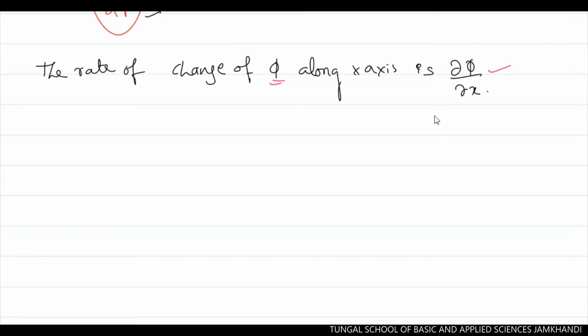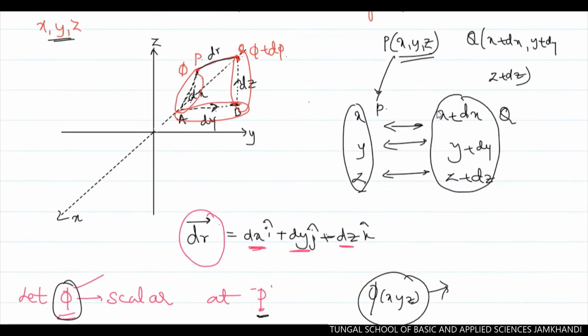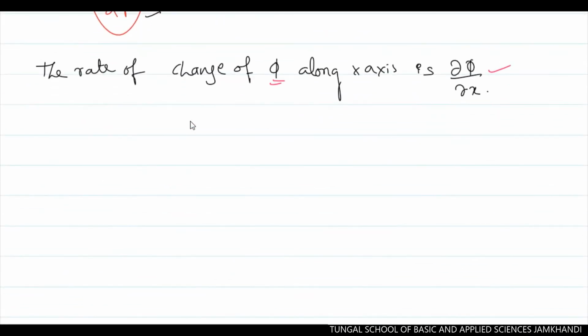Then the total value of the function phi at point A, as I have moved from P to A, is equal to phi plus dou phi by dou x into dx, because it is the variation.